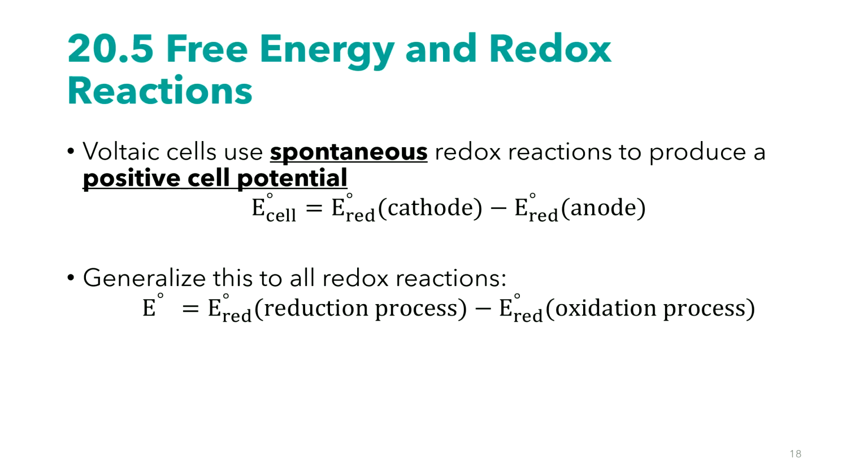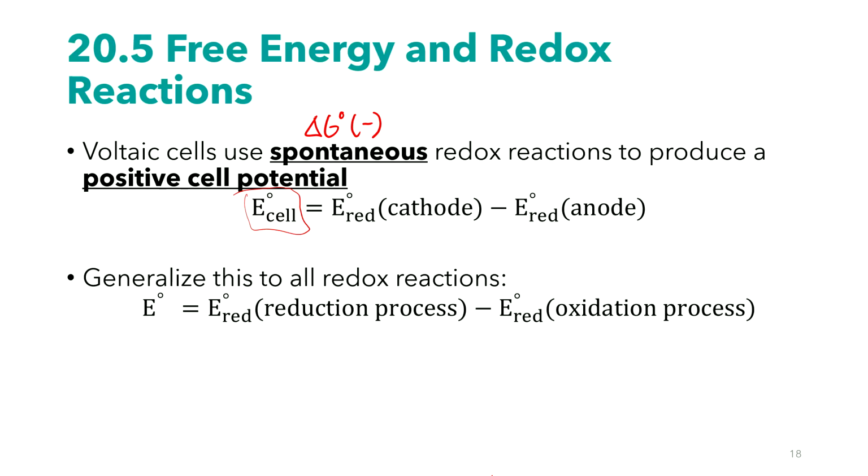We learned that a spontaneous process has a standard delta G that's negative. So if I am saying that it's going to be a positive cell potential, but we already established that something spontaneous has a negative delta G, there must be some quantitative connection between these two variables, right? They are both indicators of spontaneity.